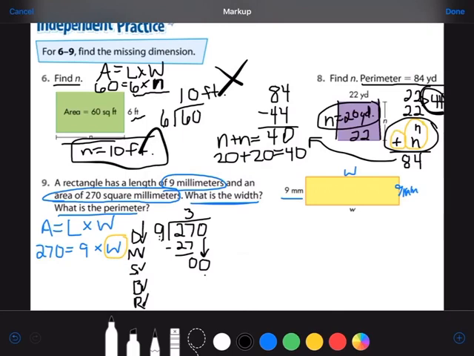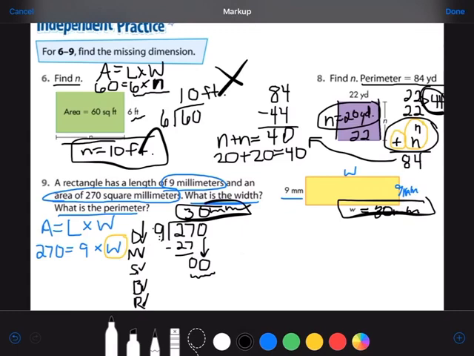Divide. 9 into 0 is... That's a weird one that really messes up a lot of kids. Basically what I'm asking is 0 divided by 9, or another case, how many groups of 9 can I make with this 0? I can't make any groups of 9. I can make 0 groups of 9. So it looks like the width is equal to 30 millimeters. Because here's our 30 millimeters.